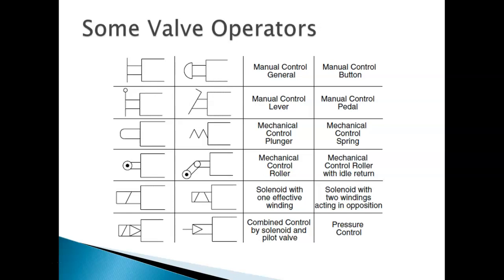Those are something you've got to pay a lot of attention to when you're dealing with hydraulics and pneumatics. What exactly is causing the movement of the actuators? What is directing the ports to open and close? Does that make sense?